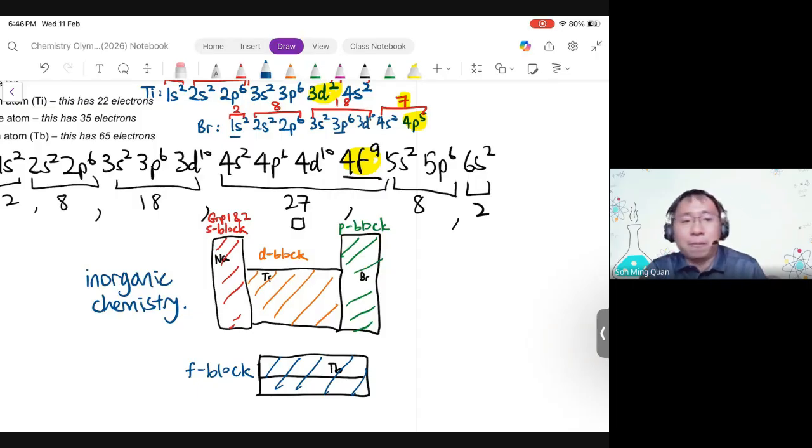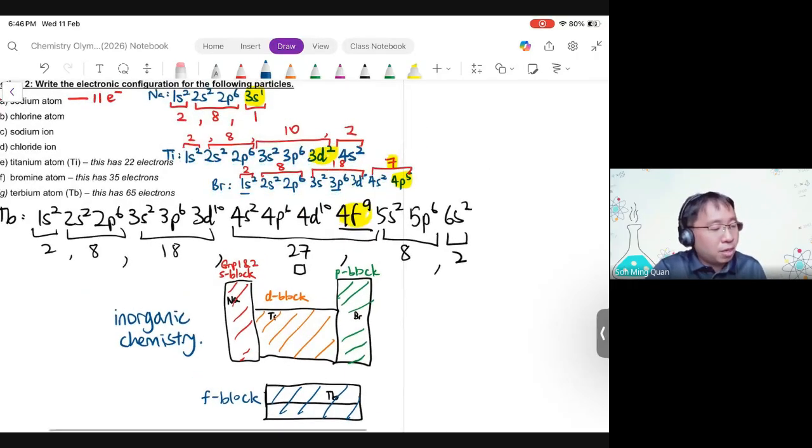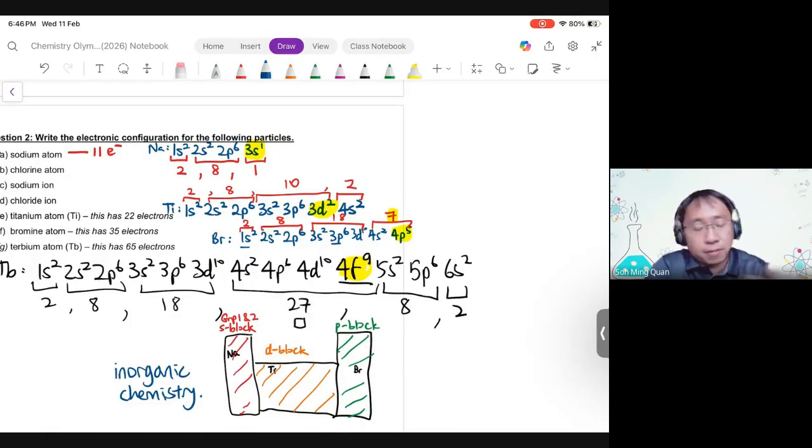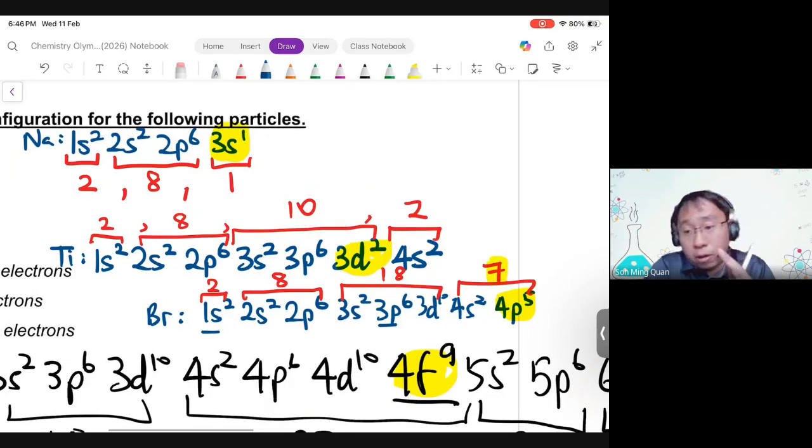But as a parting note before we go off, what's interesting is when you get to D block, which is like titanium, 3D is the last subshell that you filled. Titanium has 2 electrons in 3D, 3D2.